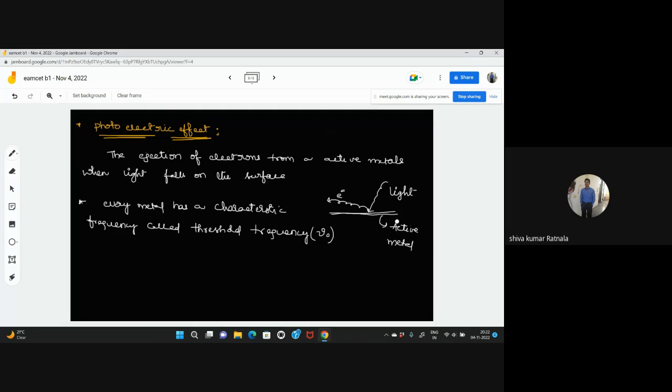For example, if I'm taking sodium metal, it will have a certain frequency, and potassium metal will have a certain frequency. That we call the threshold frequency.